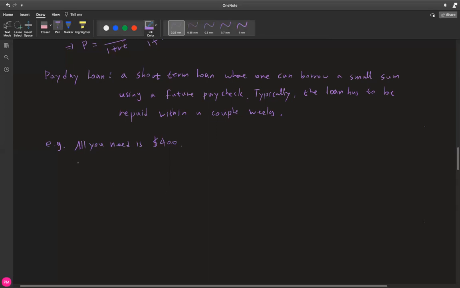This specific cash advance company charges $15 for every $100 you borrowed.